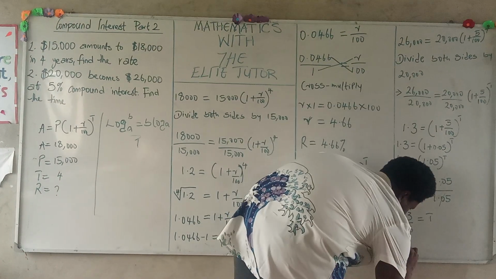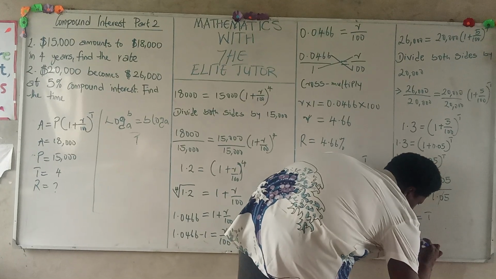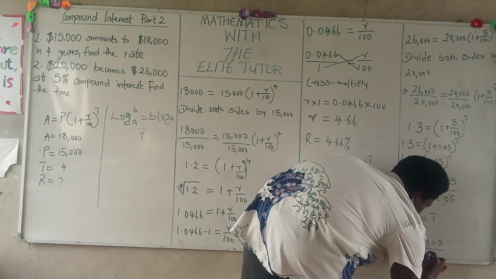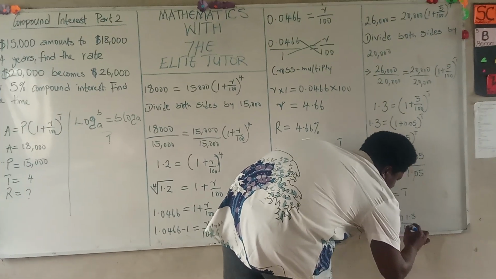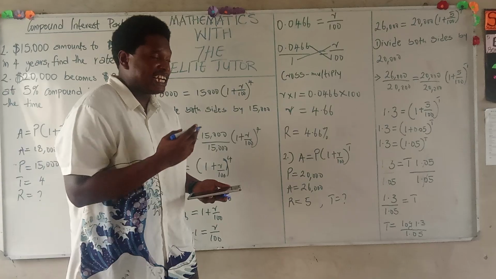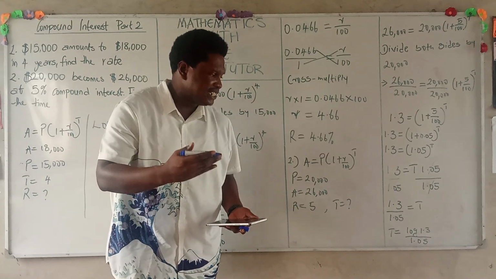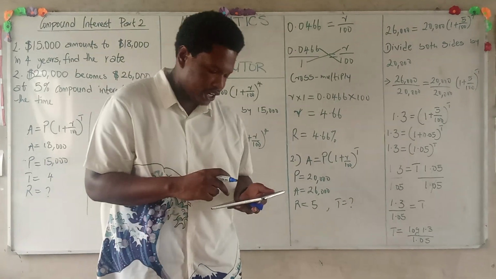So this will be T is equal to log 1.3 divided by log 1.05.